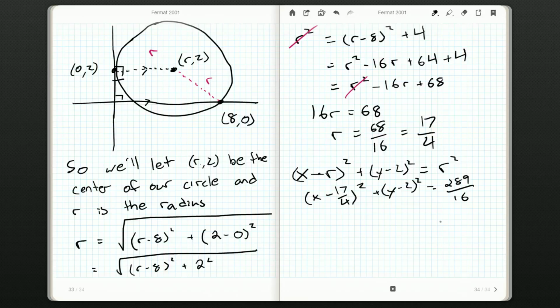Is there a way to tell what our other intercept is? So y would have to be 0 again. So we'll do 289 over 16 minus 4. Square root that. And this time we will take the negative of that and add on 17 over 4.